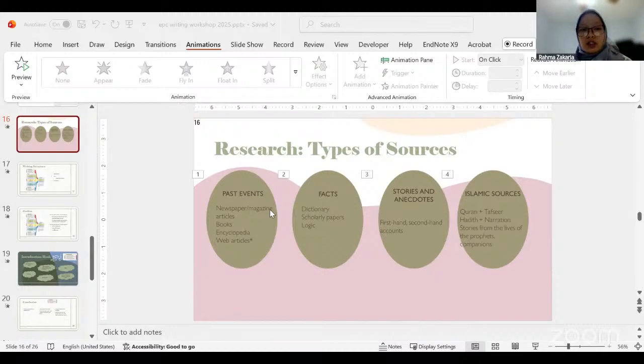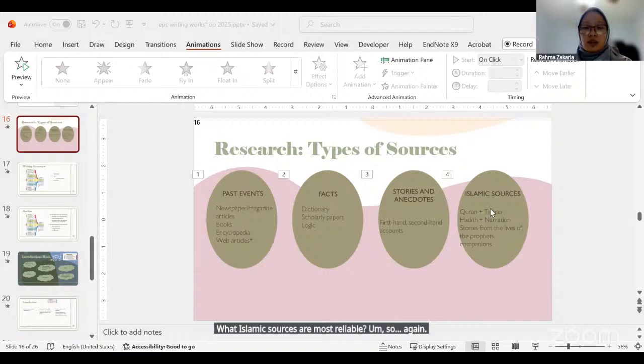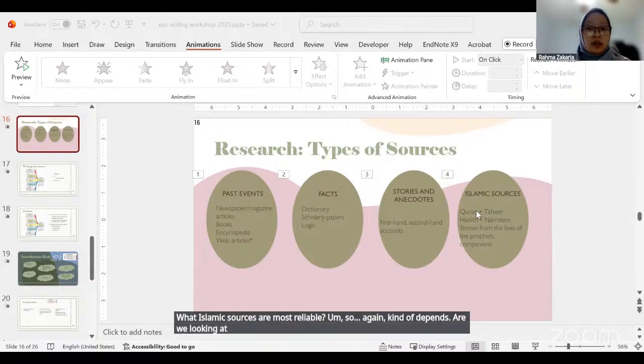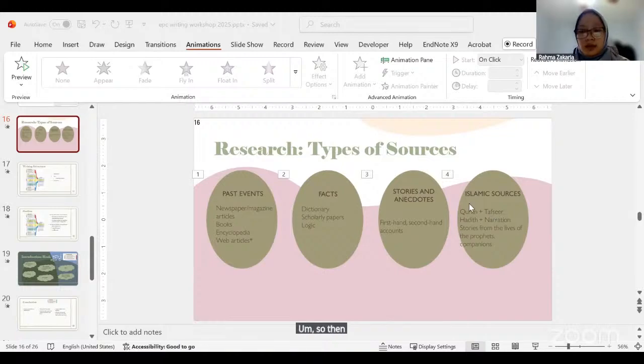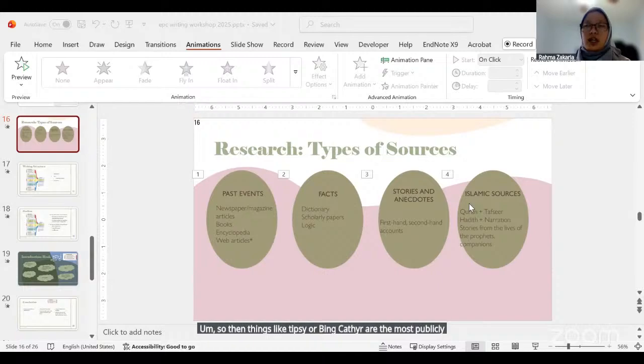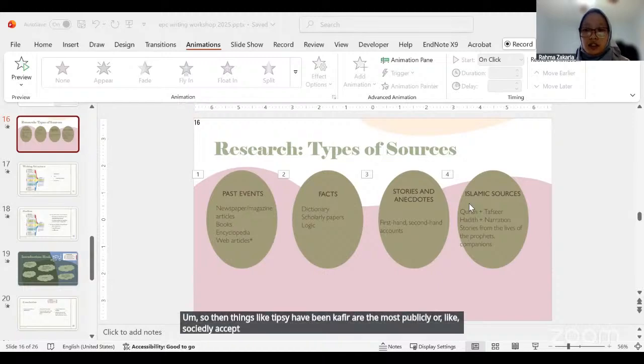What Islamic sources are most reliable? So again, it kind of depends. Are we looking at stories? Are we looking at Quran and tafsir? Then things like tafsir Ibn Kathir are the most publicly or societally accepted as being very strong tafsir. There are a lot of different hadith.